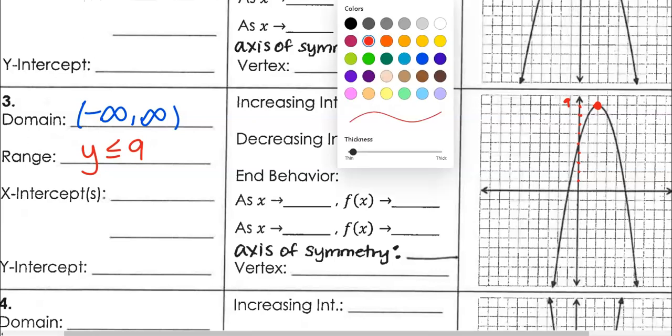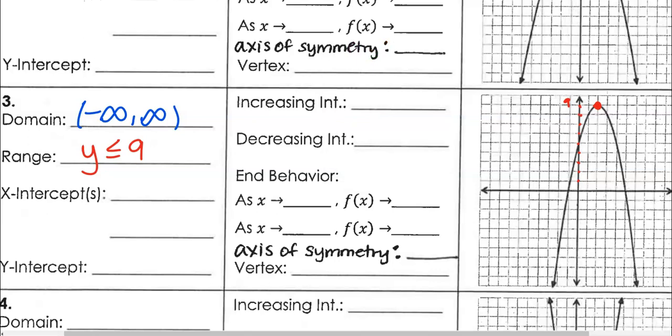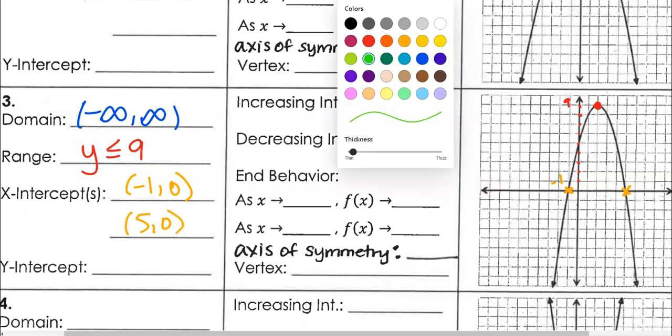All right, x-intercepts. We got 2 of them. Looks like one of them is at -1. What's the other one? At +5. All right, we can easily pull out our y-intercept.